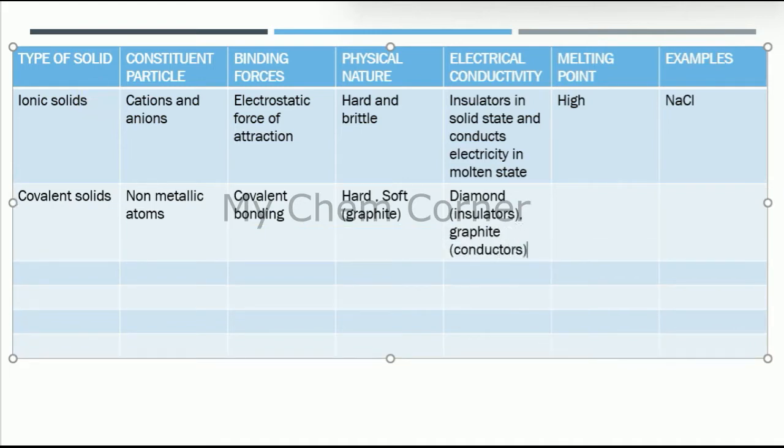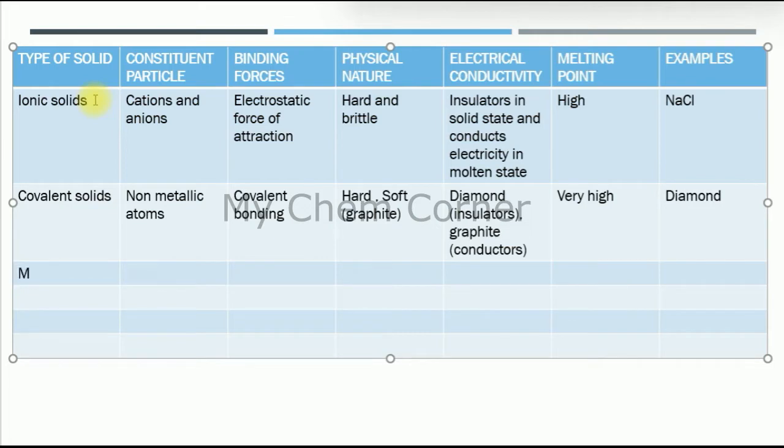That's only because in graphite we have a benzene-ring-like structure where there's delocalization of electrons. Because of this delocalization, they conduct electricity. Melting point here is very high because of covalent bonding. An example you can give is diamond.